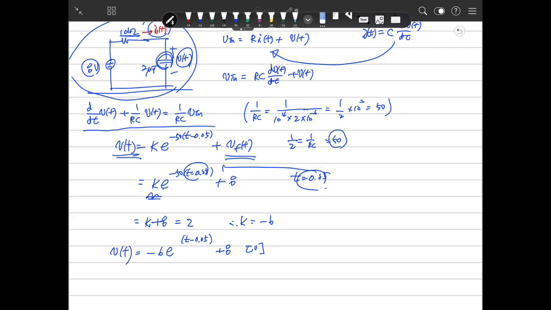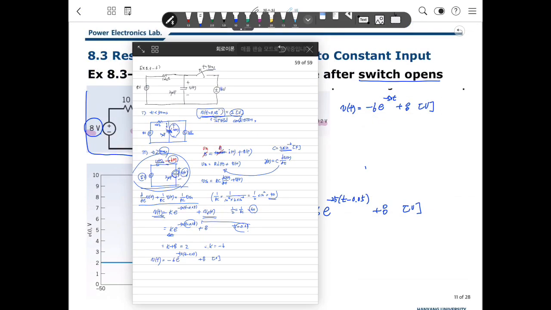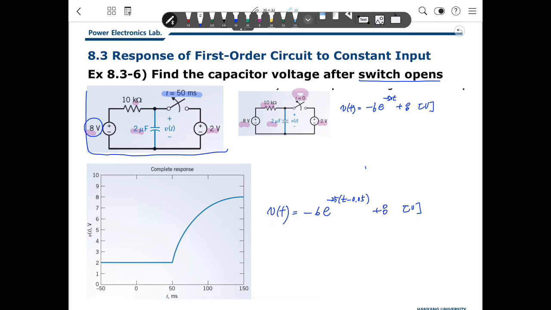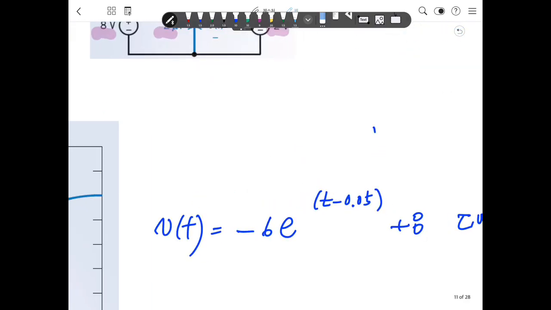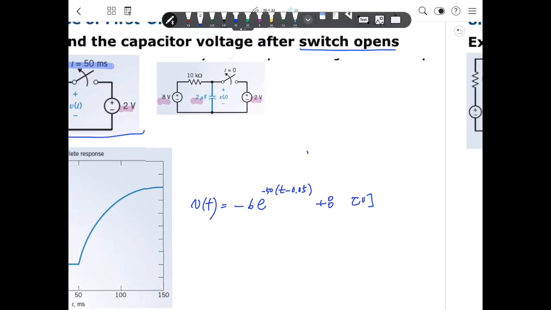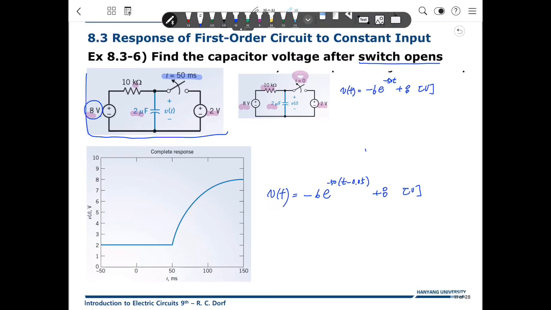I'm sorry, this is minus 50. It's my mistake because we used 50, so there will be minus 50, not 25. So you can compare the two equations here.